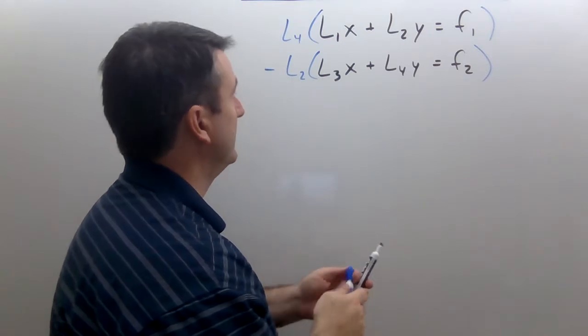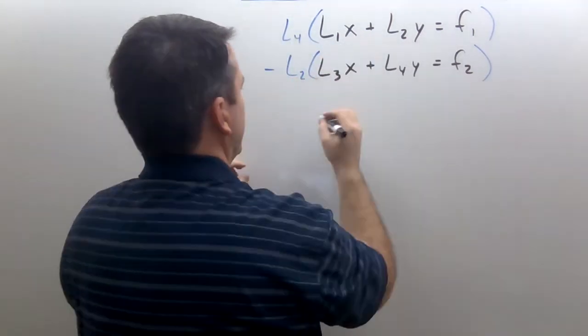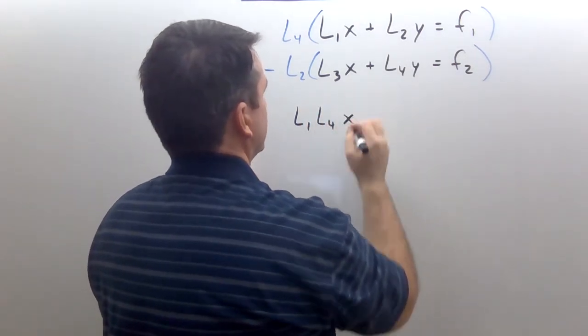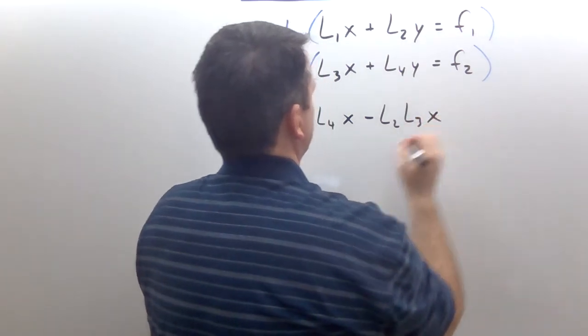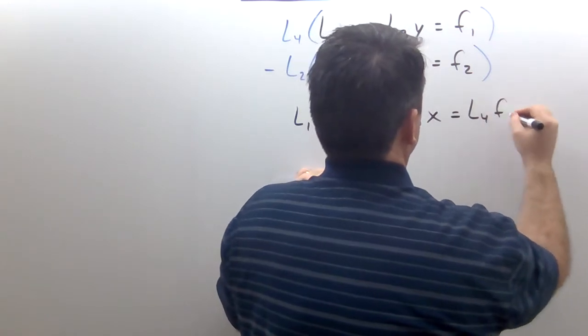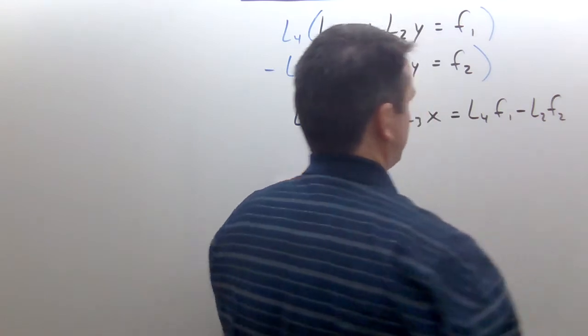And so notice that what is always going to happen here is we're going to end up with L1 times L4 times x minus L2 times L3 times x is equal to L4 times f1 minus L2 times f2.